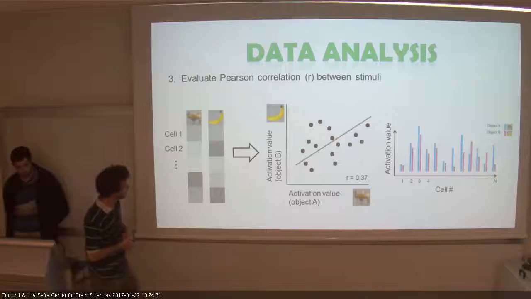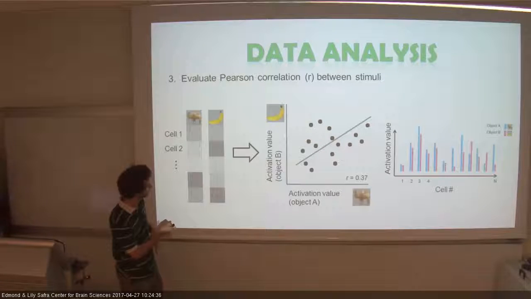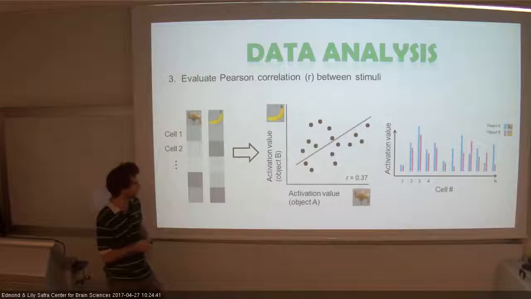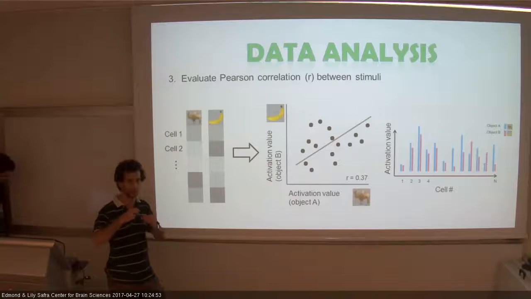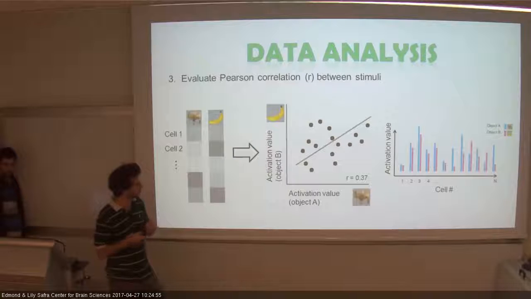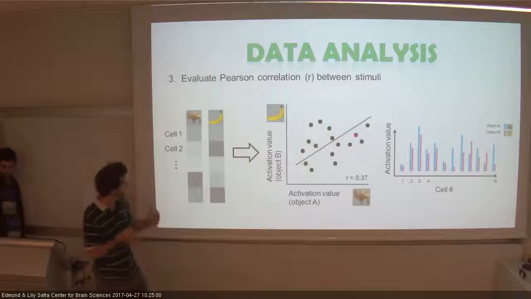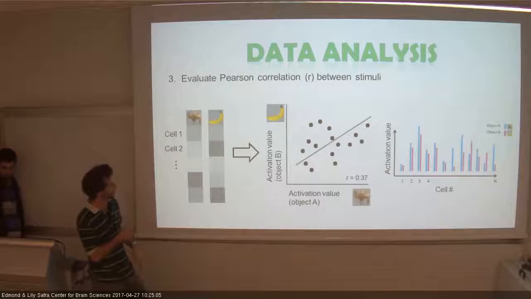Okay, so what does this mean? We can take, for example, every two stimuli. Here the axes correspond to activation values, the mean activation that we computed, and each dot represents a different cell. So we can plot them and then estimate the correlation, which basically means how linearly dependent the two stimuli responses are. If there is no relation between the two response patterns, it will look Gaussian and we'll get that R is equal to 0.